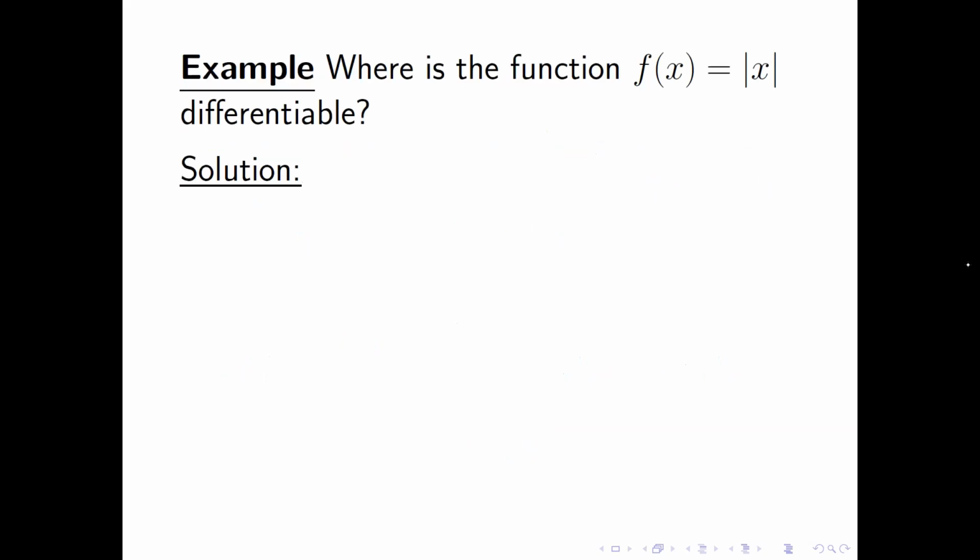For the next example, we are going to look at the absolute value function. We want to check if this function is differentiable. And when we say the function is differentiable, it means that we can find the derivative of that function.